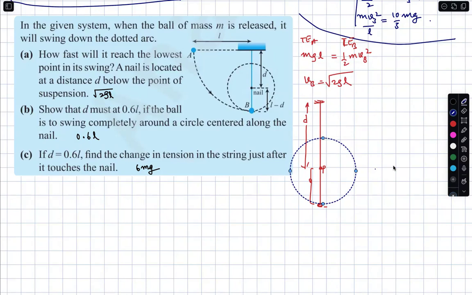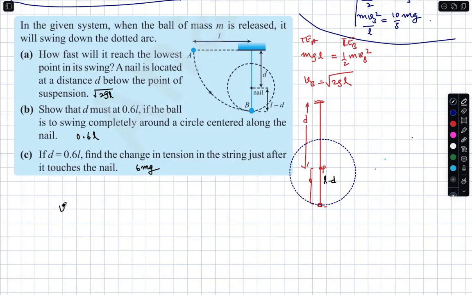This will make some circular motion at that point. What do you want? You want to complete the vertical circular motion, right? What do you need to see thereafter? Tell me. You need to see only a pendulum of length L minus D, to make complete vertical circular motion at the bottommost point.